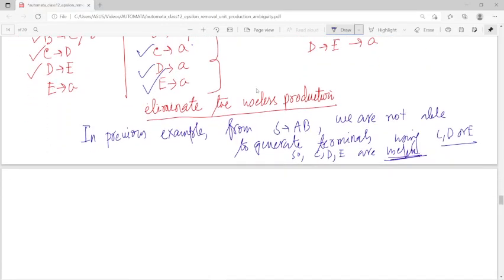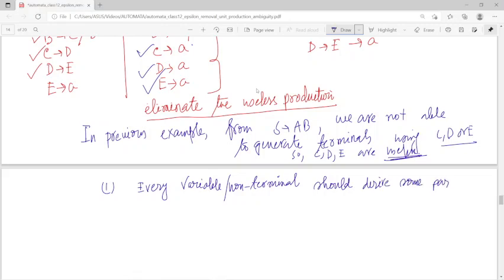So what we can say is, if we define rules, every variable, or you can say non-terminal, whatever it may be, should derive some part of the string.